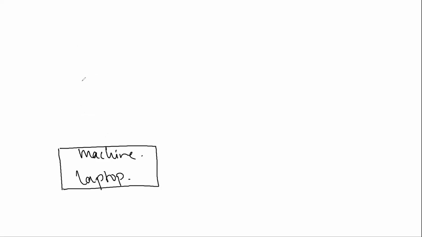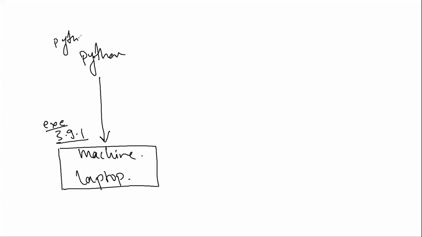So, when we install Python, it gets installed here. It brings the 3.9.1 version of Python into your machine. So one Python executable comes when you install Python. This you are installing from python.org.